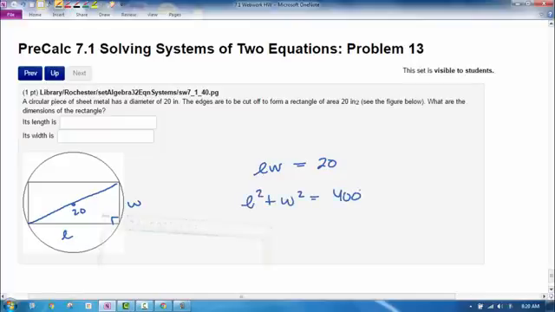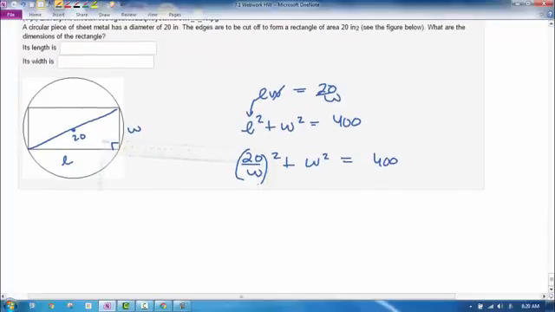And now I can just substitute, divide both sides by W, for example, and substitute in. This would be 20 over W squared plus W squared equals 400. And this is just a lot of algebra from this point. We have 400 over W squared plus W squared equals 400. I'd multiply through by W squared.